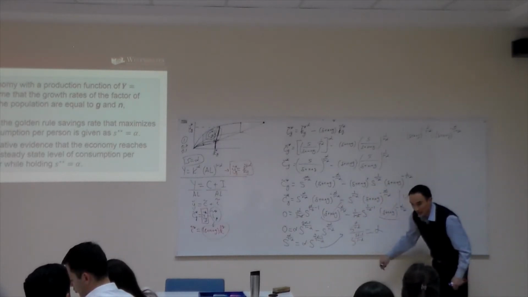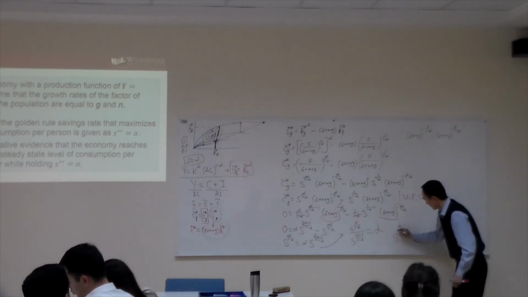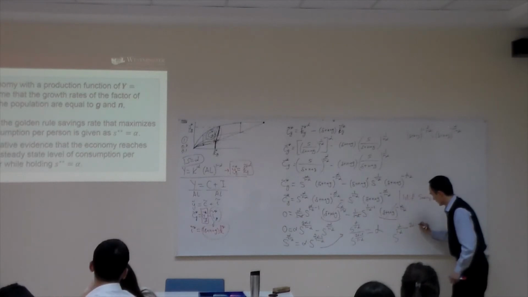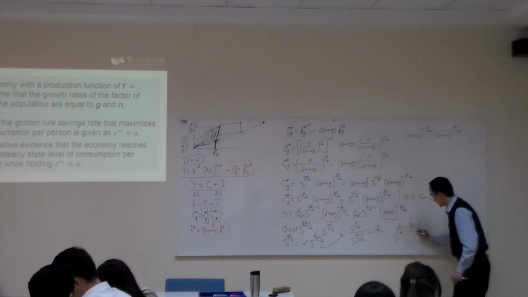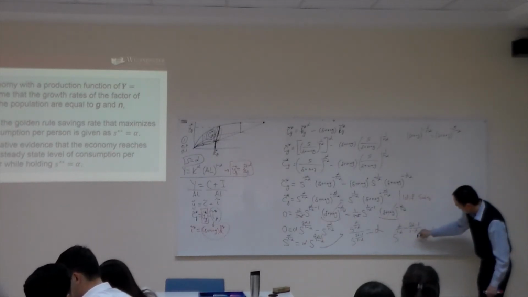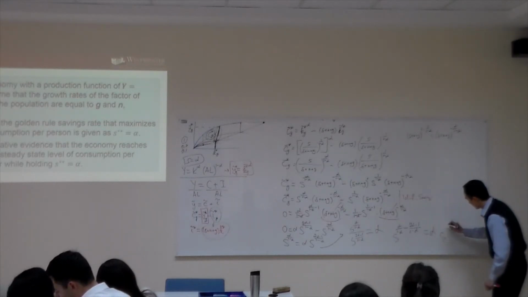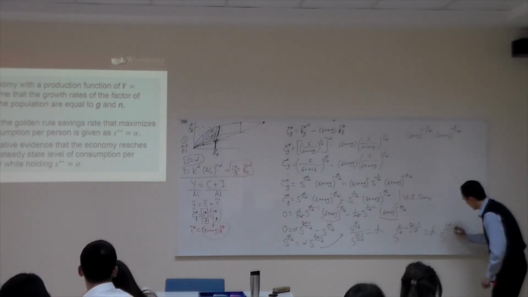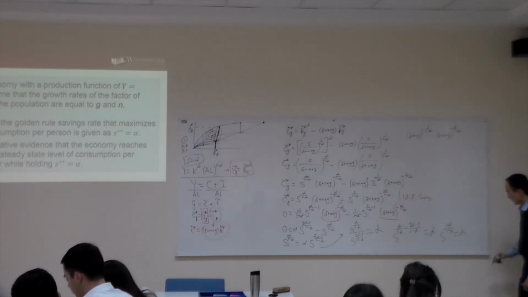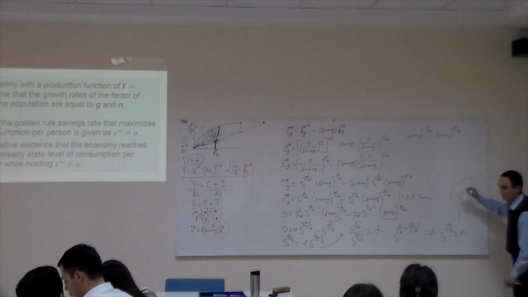These two have the same base, so which is going to give us saving rate in the power of alpha over 1 minus alpha minus the exponent 2 alpha minus 1 over 1 minus alpha equal to alpha. Or it is equal to saving rate in the power of 1 minus alpha over 1 minus alpha equal to alpha, which is equal to 1. So our saving rate is equal to alpha.